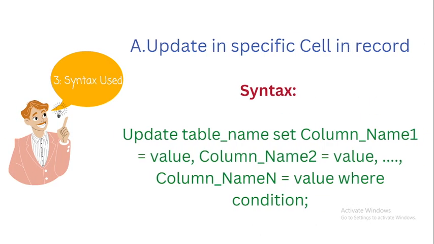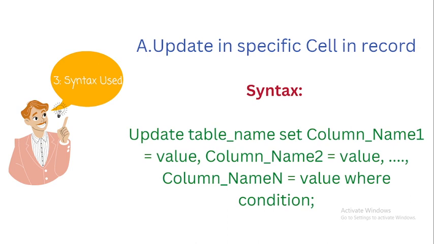Now what syntax we have to use? First is update in a specific cell in a record. For that we use the syntax: UPDATE table_name SET column_name1 = value, column_name2 = value, ..., column_nameN = value WHERE condition.